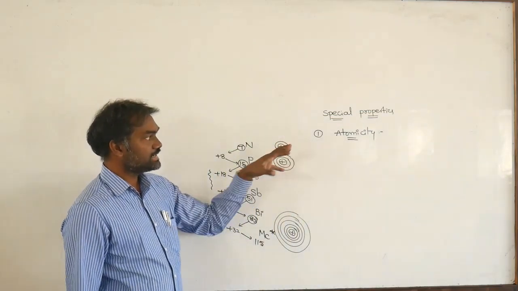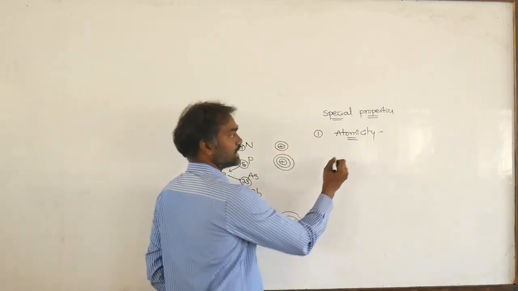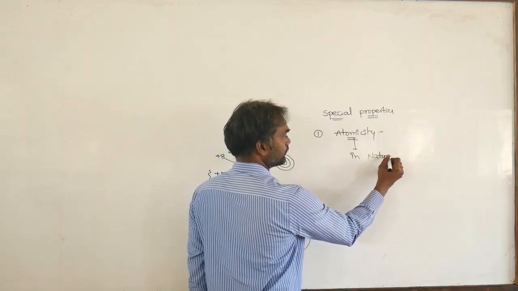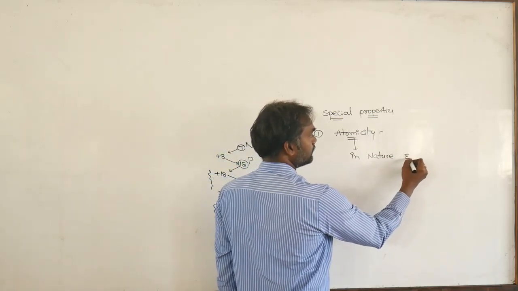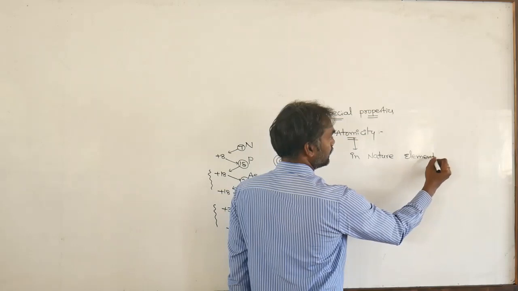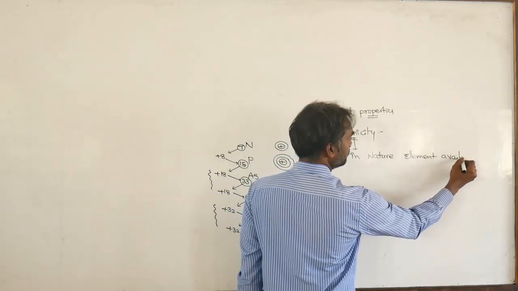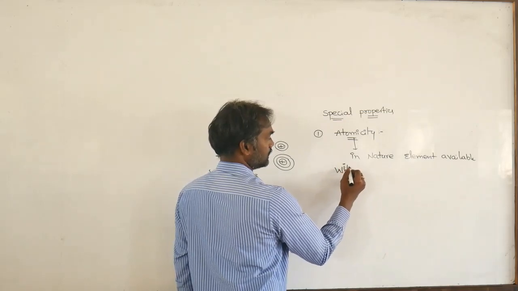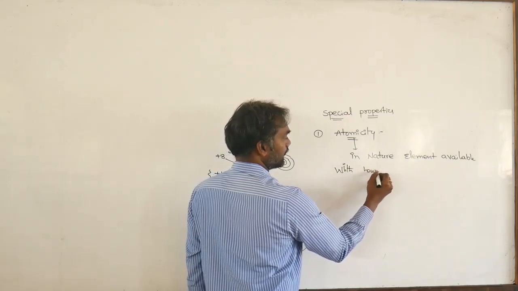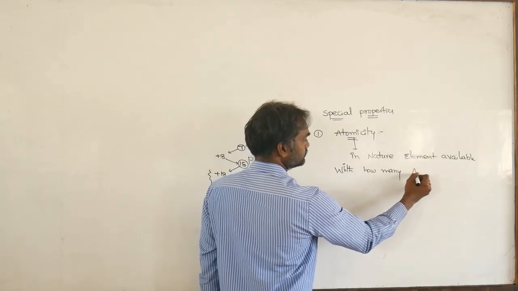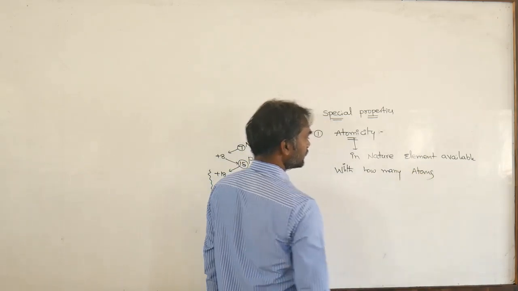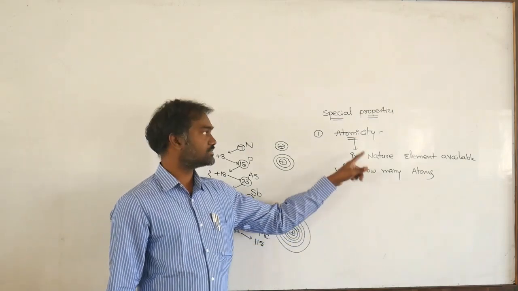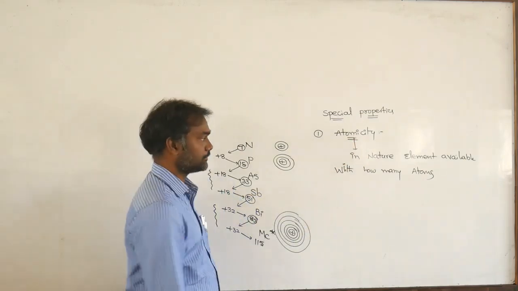Atomicity means: in nature, the element is available with how many atoms? That is called atomicity.